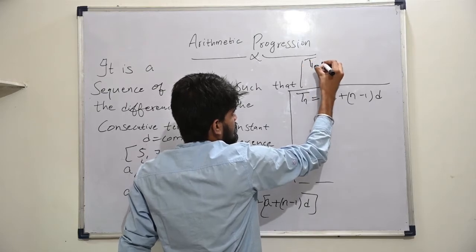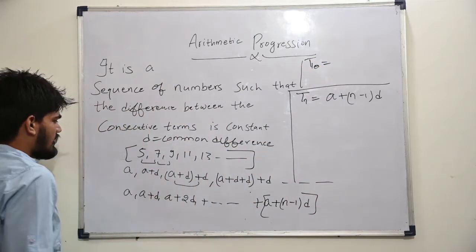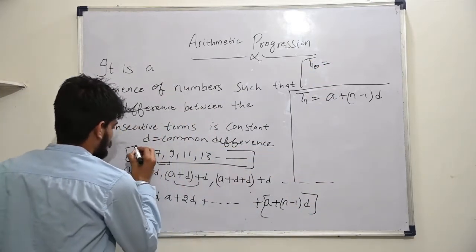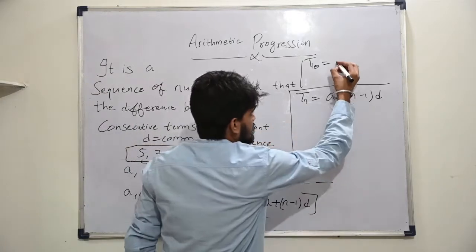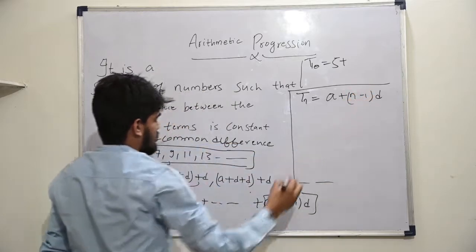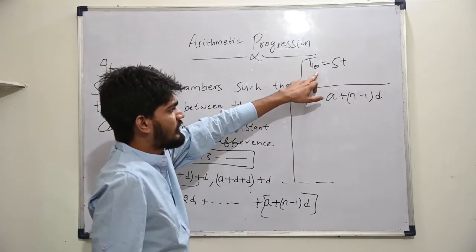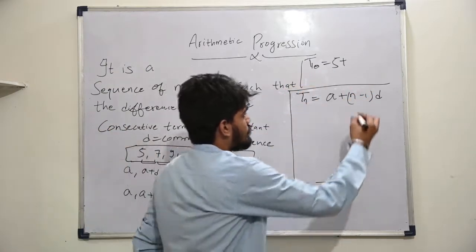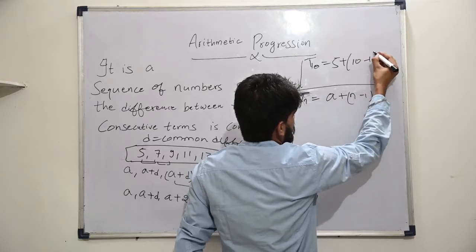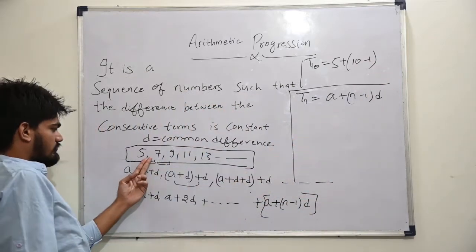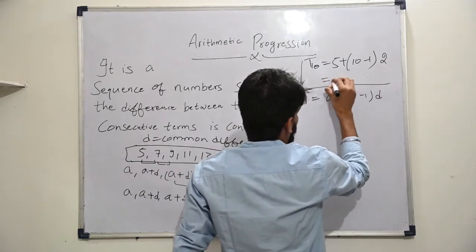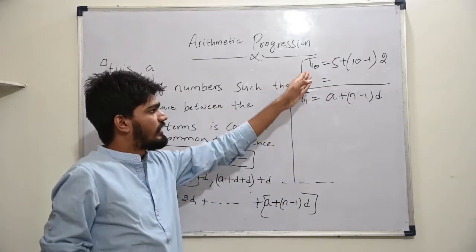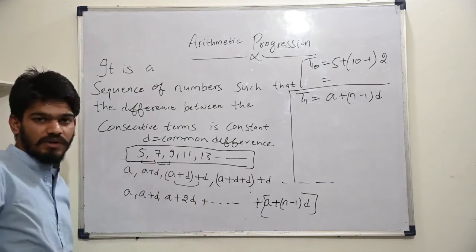T10 in this given example: 5 is the first term, the 10th term we have to calculate, so 10 minus 1, and D is 2 here, the common difference.